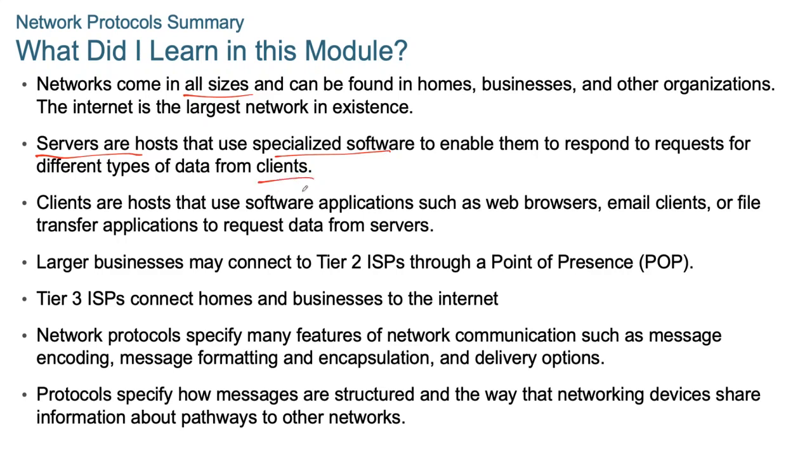The software will be installed on the client for client-server communication purposes. Then we checked how these client and server hosts use software applications for different purposes, like web browsing, email or file transfer. So different application protocols are there. And then how they are connected to each other, by using internet service providers, so using cables.